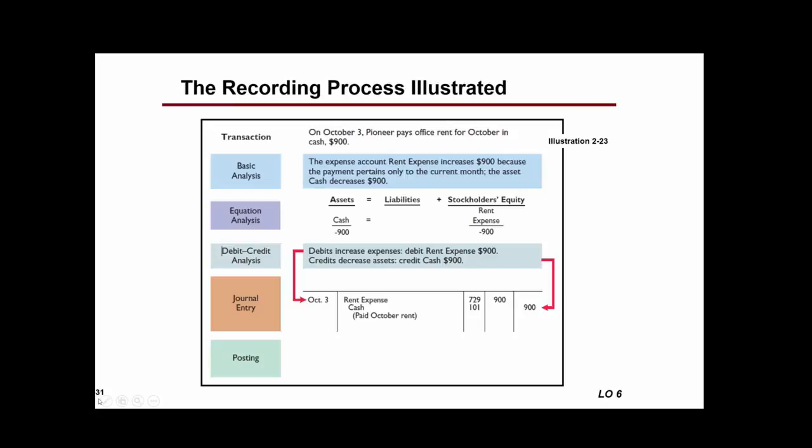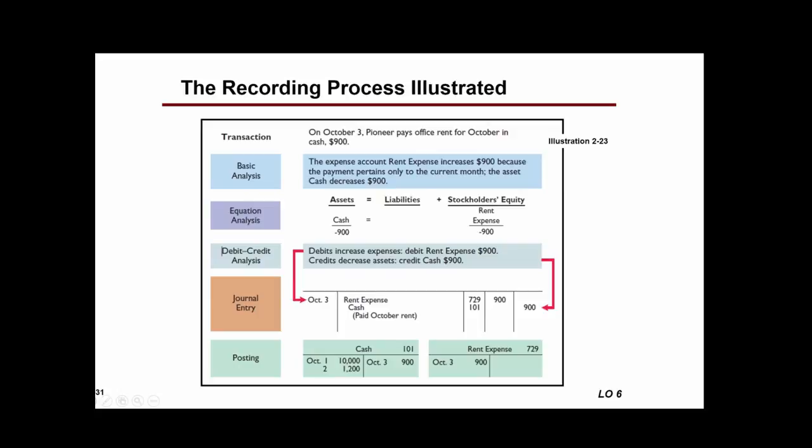Then we have to post it to the account, right? So in this case, if you want to calculate at this point the balance in cash, what's the balance in cash? So the way to calculate the balance for any account, you get the total debits and the total credits for that account, and you subtract them from each other.